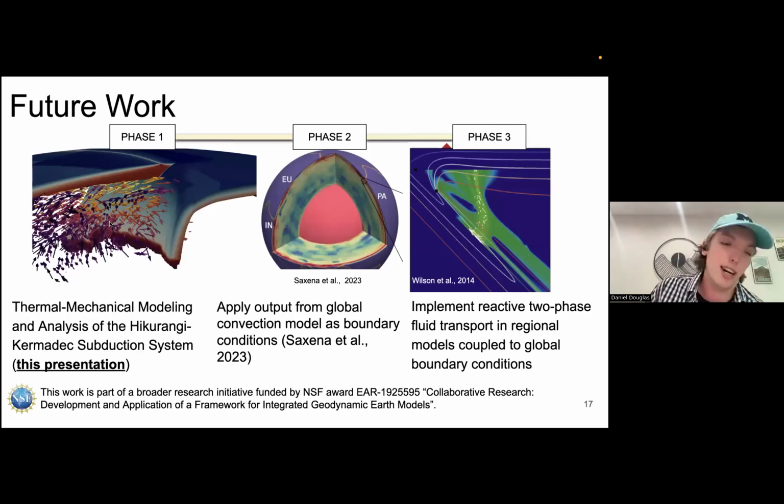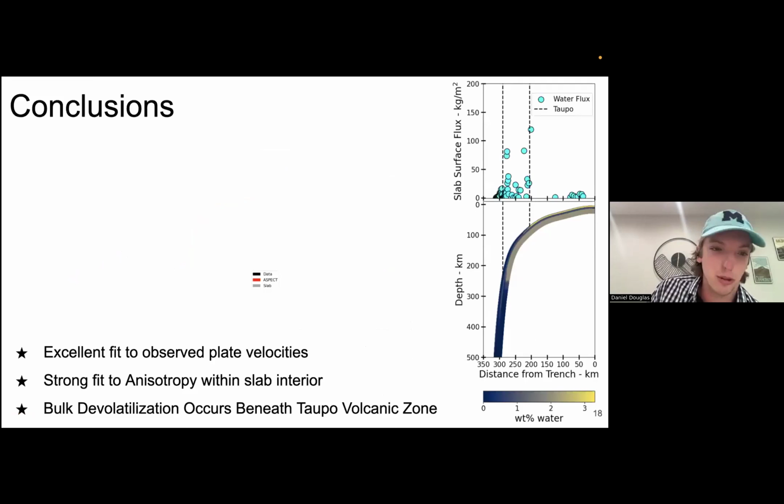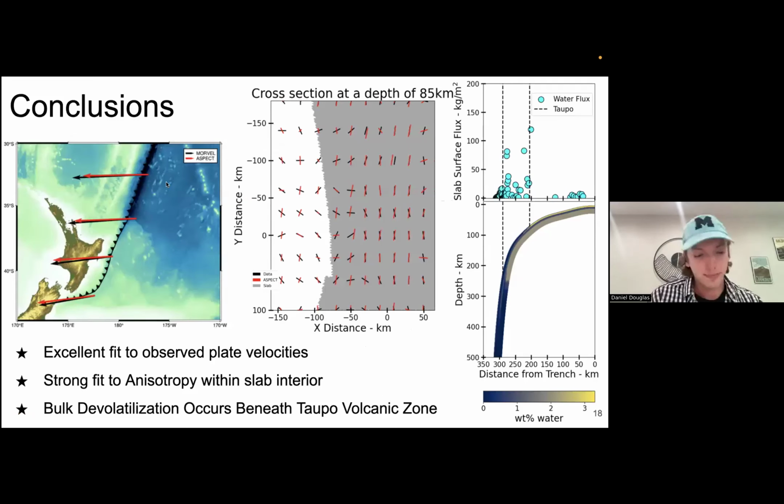So, once again, these are the last couple of slides. This is the culmination of the solid part of this thesis that I'm working on. I talked a lot about fluids, but there was no fluid interaction within the ASPECT model. That is something that we're working towards, and hopefully by the next user meeting I can talk about that because it will be done. I'll leave my conclusions here.